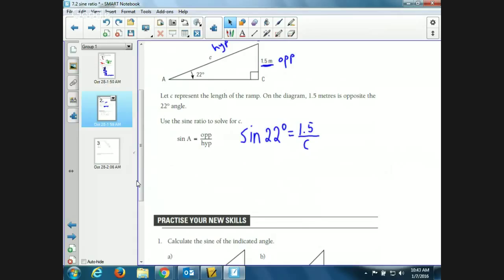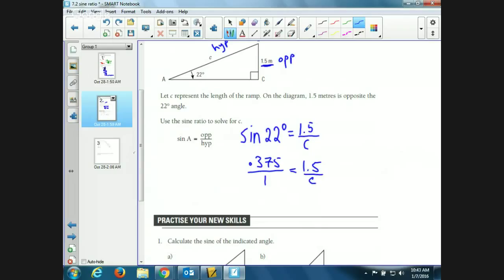Once again, you type that into your calculator, sine of 22, and hit the key. I'll wait for a second, and you'll tell me a decimal number, accurately rounded to 3 digits. 0.375, great. We're going to put that over 1 so that it looks more like an equation that you're used to solving.